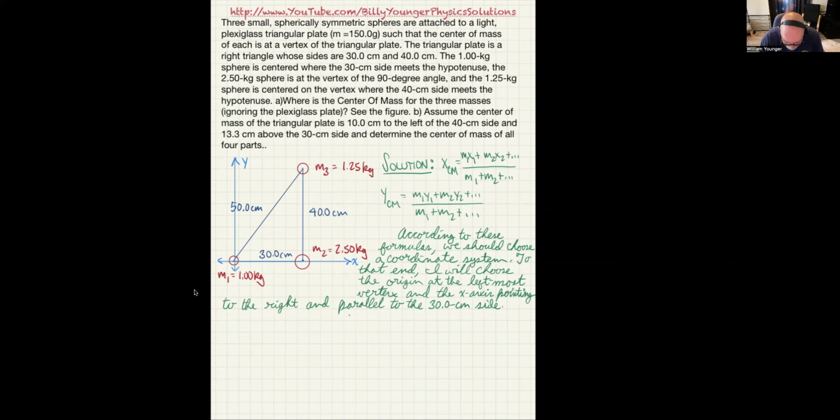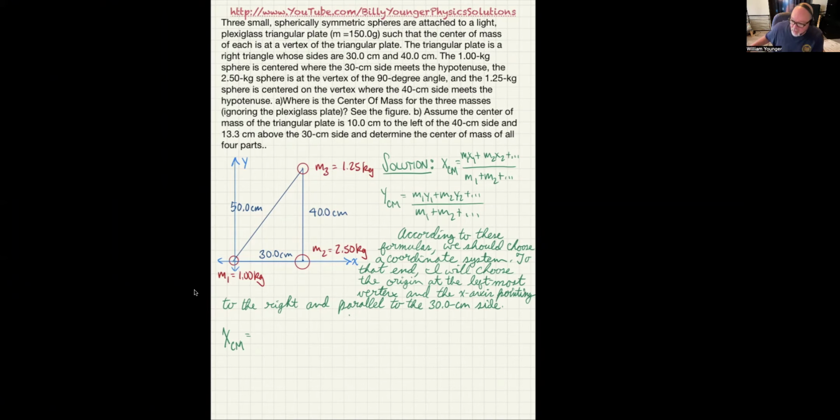Similarly, y1 is 0, y2 is 0, and y3 is 0.400 meters. So using that information, we can begin. x center of mass should be equal to, and I'm not going to write the units, at least not in the numerator because they take up so much space, but just remember one's kilograms and the other is meters. I could use centimeters and I could use grams.